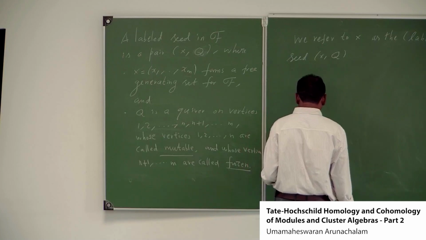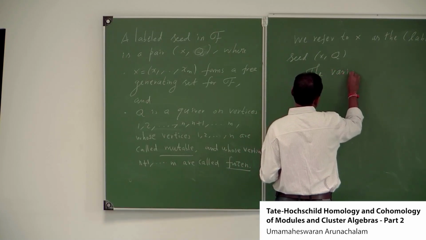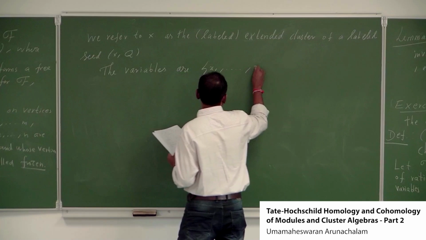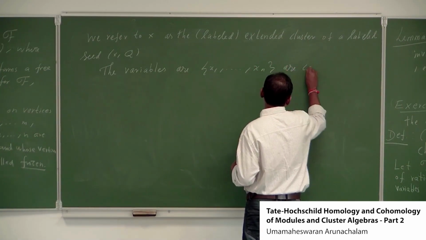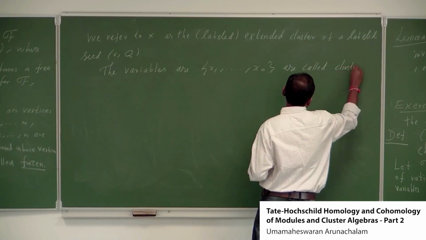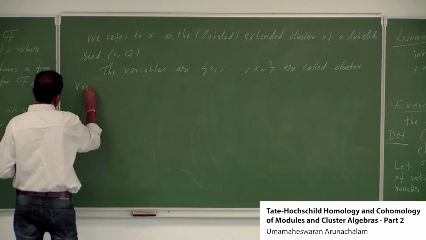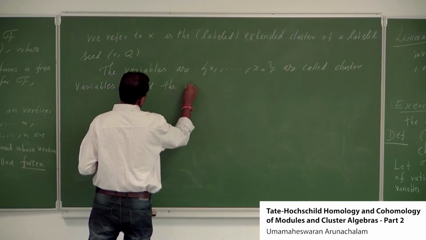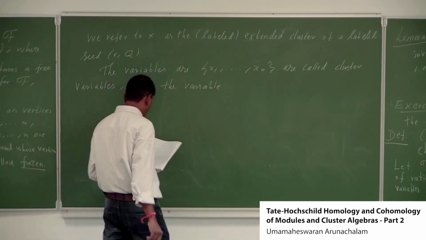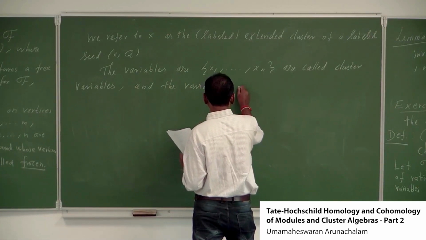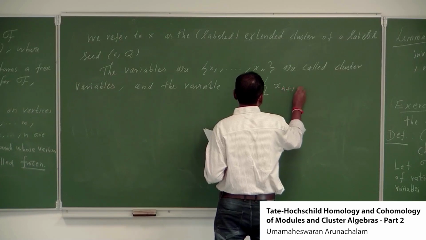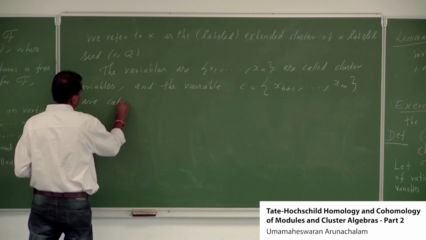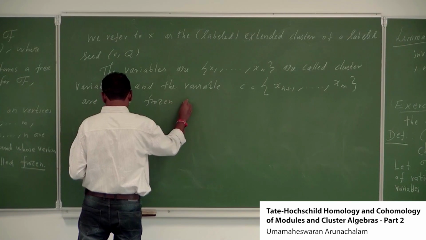The variables x1 to xn are called cluster variables, and the variables x n plus 1 to xm are called frozen variables or coefficient variables.